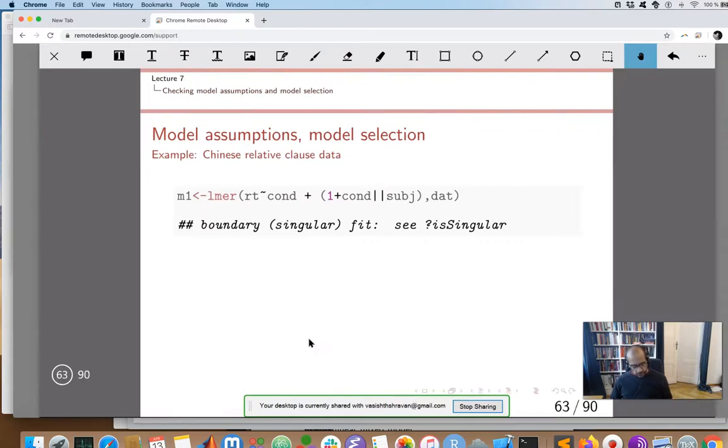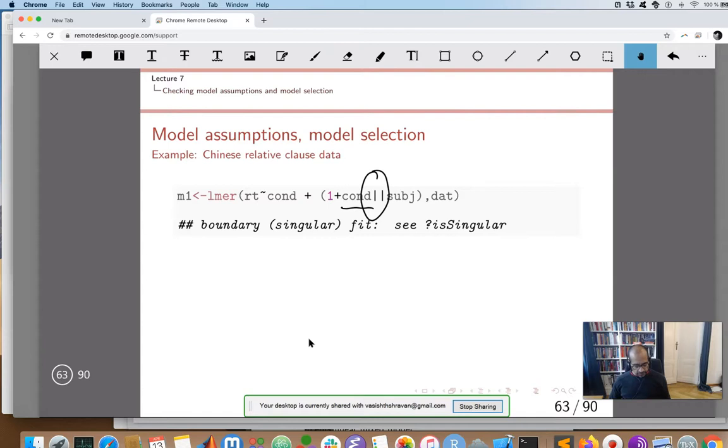Now I can elaborate on this model and add one more variance component, which is the by-subject adjustments to the slope. Notice the double bars mean that I'm assuming no correlation between the varying intercepts and varying slopes, right?